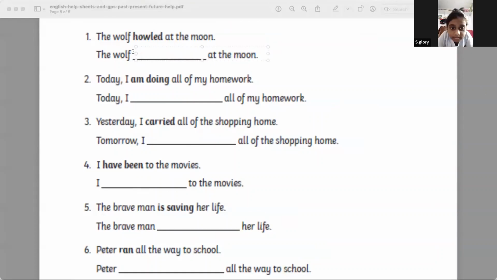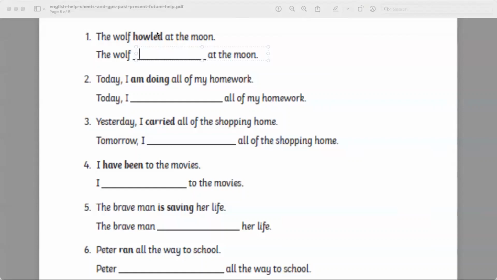Yes, ma'am. Number 1. The wolf howled at the moon. Yeah, so how will that change? The wolf howled at the moon is already in the past tense. You need to change this to the future tense.